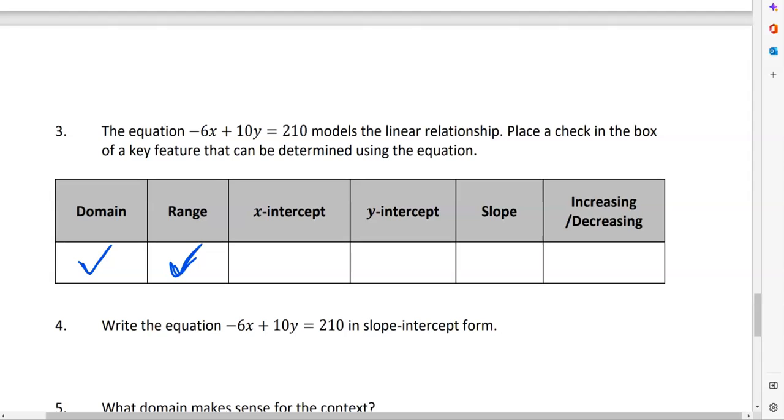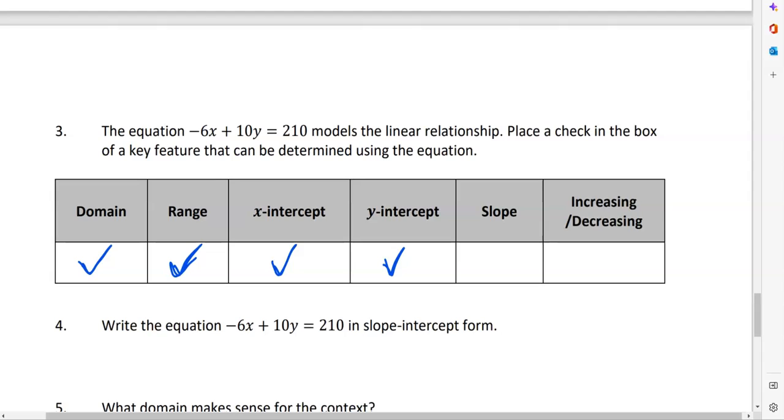So what are those? If we're not applying it to real world stuff, what is it? Infinite. It's all of them, all real numbers. Good. Could I use this equation to find the x-intercept? Absolutely. I could make y 0, right? I could scratch this off and then just divide both sides by negative 6, and I could find my x-intercept. So could I find my y-intercept if I did the opposite? Could I scratch this out and just divide both sides by 10 to get the y-intercept?